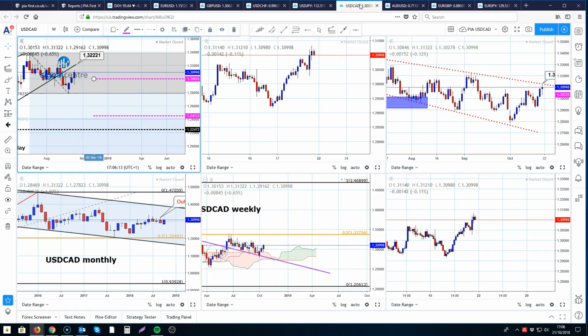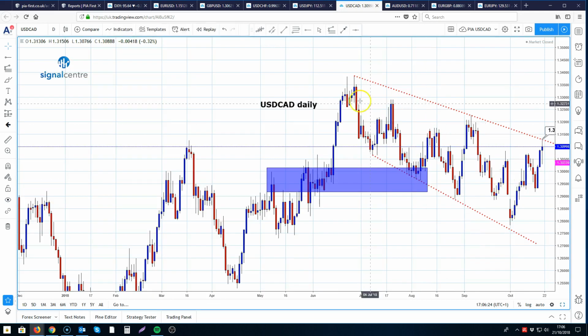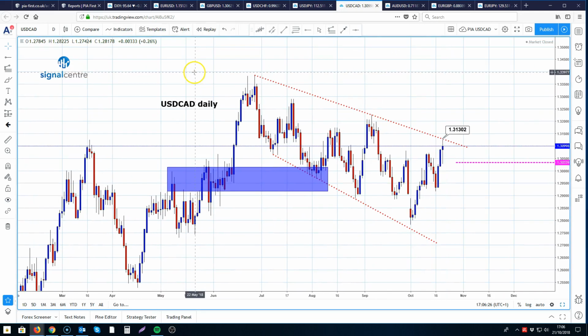Dollar CAD, we caught a decent one on Friday for dip buying, but I think the long-term picture is quite hard to decipher in this commodity currency at the moment. Now, a trend of lower highs, and that was our target level on Friday, 131.30, has capped the upside.